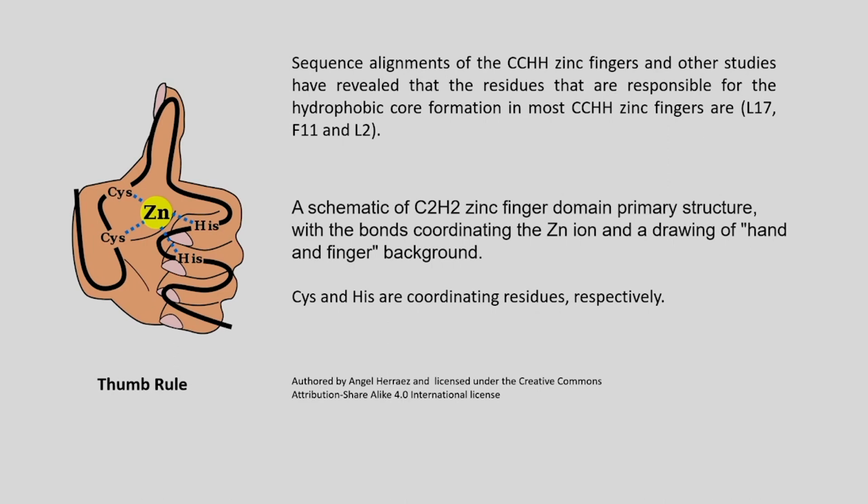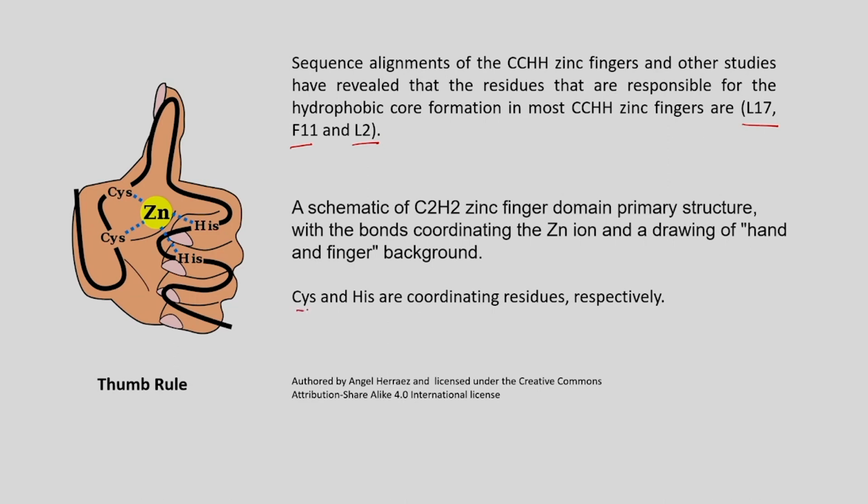Sequence alignments of the C2H2 zinc fingers and other studies have revealed that the residues responsible for the hydrophobic core formation in most C2H2 zinc fingers are L7, F11 and L2, and this is a schematic of the C2H2 zinc finger domain primary structure with the bones coordinating the zinc ions and a drawing of a hand and finger background.